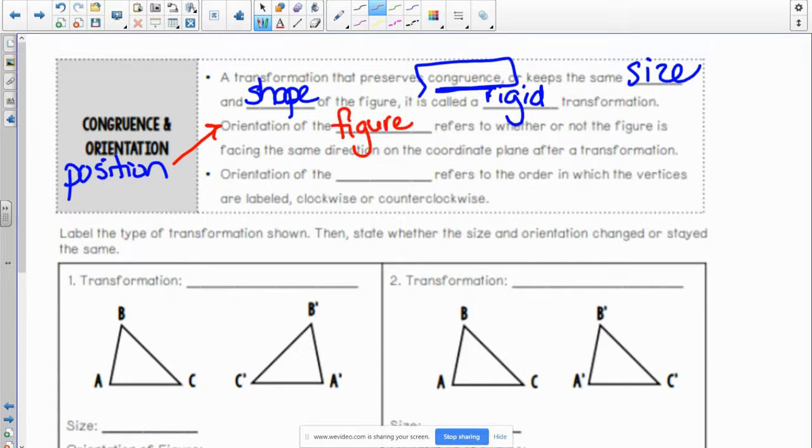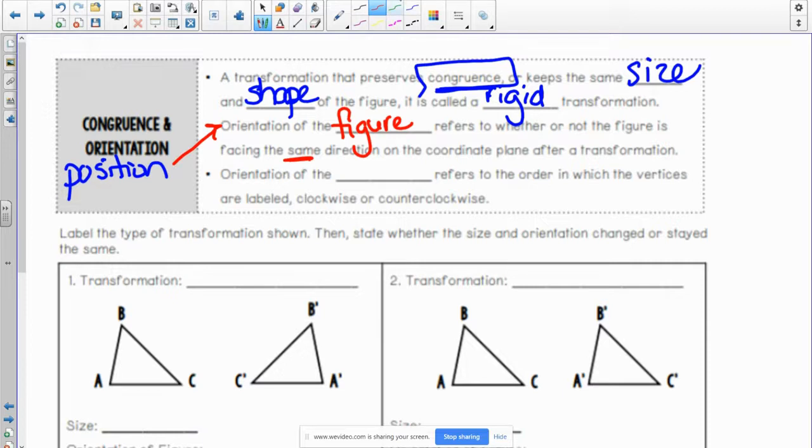So what position is the triangle in, or what position is the quadrilateral in? It refers to whether or not the figure is facing the same direction on the coordinate plane after the transformation. So is that position of the figure the same, or has it changed, is what we'll look at here in a second.